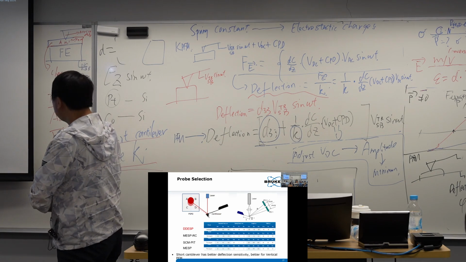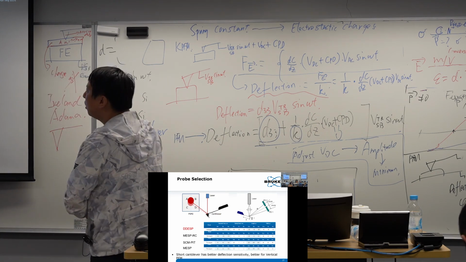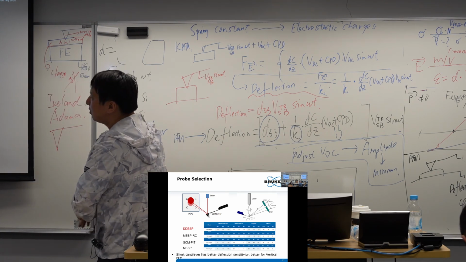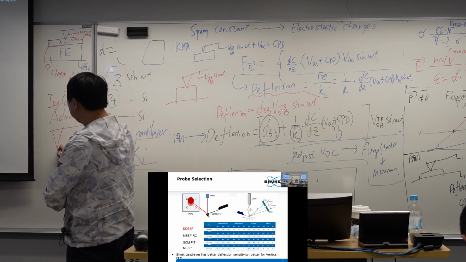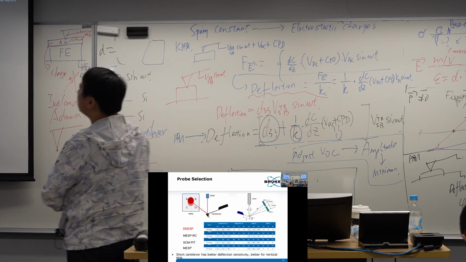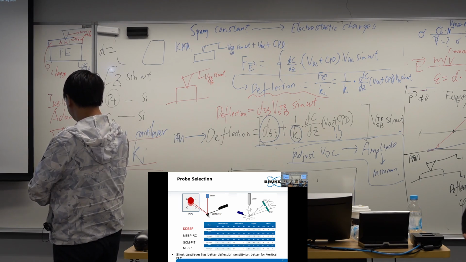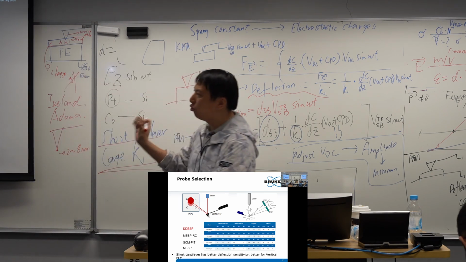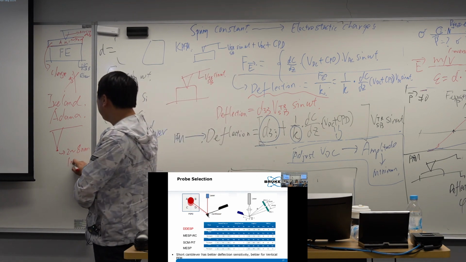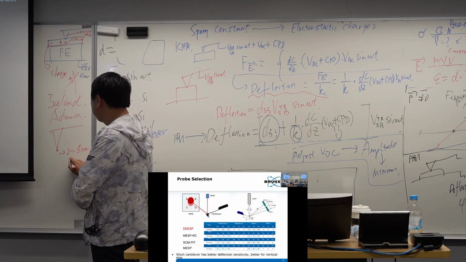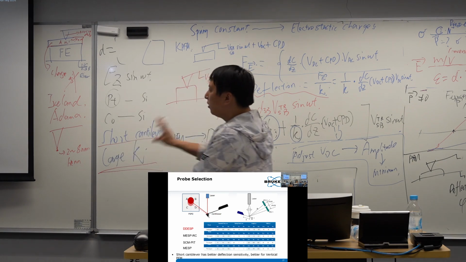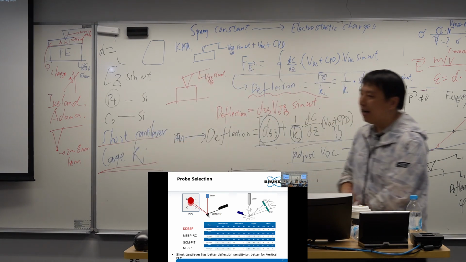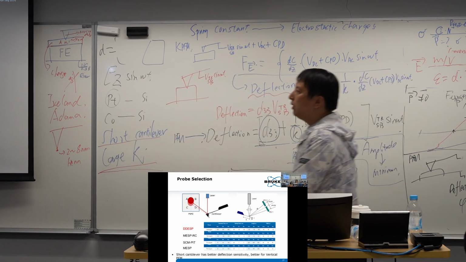For the Adama diamond probes, the tip radius is nearly 2 to 8 nanometers, and they can even make super sharp probes of 1 or 2 nanometers. Those Adama probes are ideal for our PFM experiment setups.